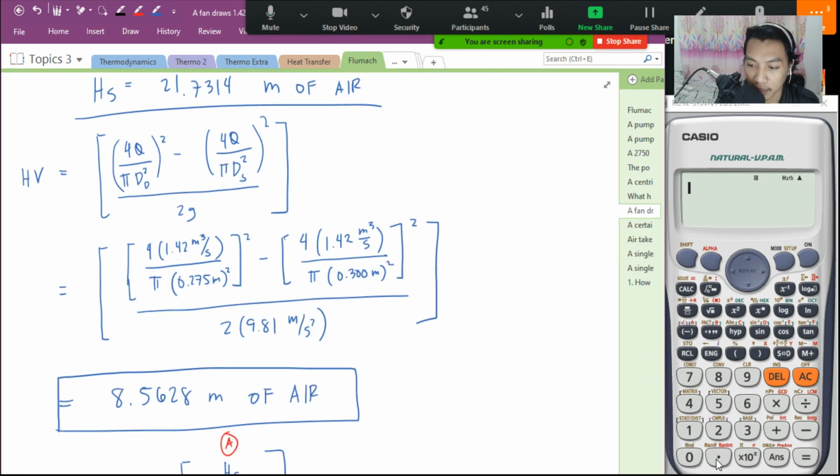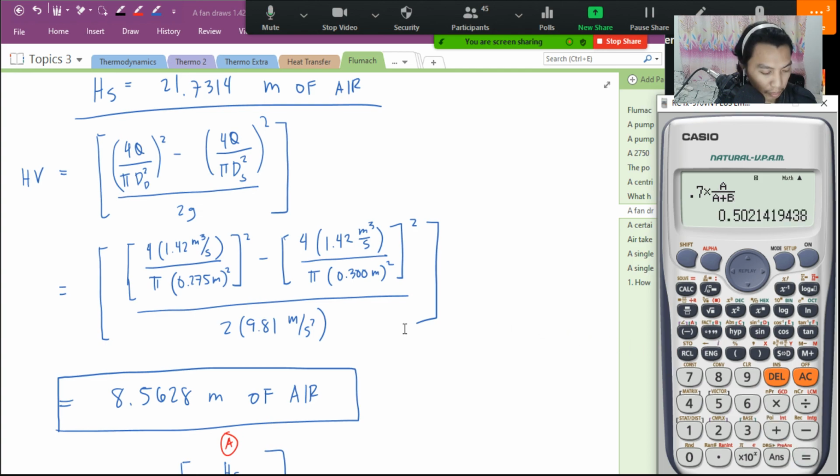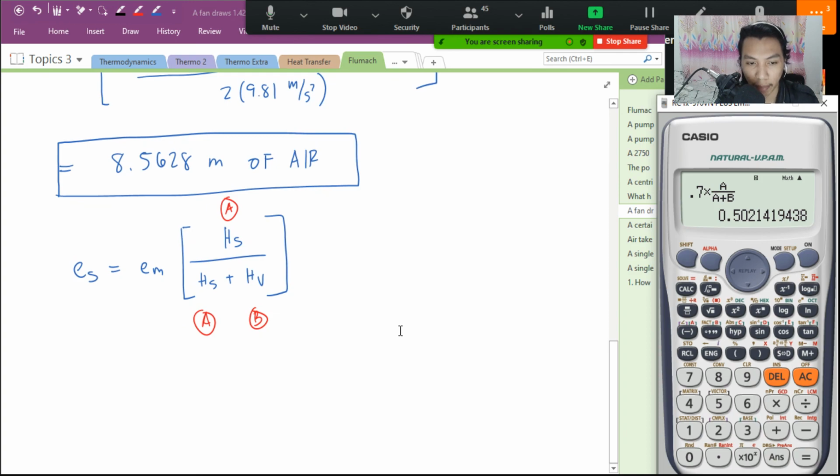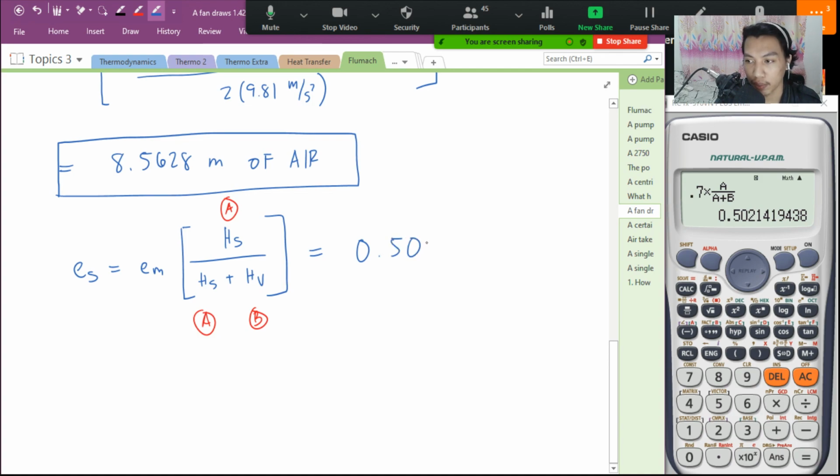Okay. 0.7 times, recall natin sa A, recall A plus recall B. The answer is 0.50214 for your static efficiency.